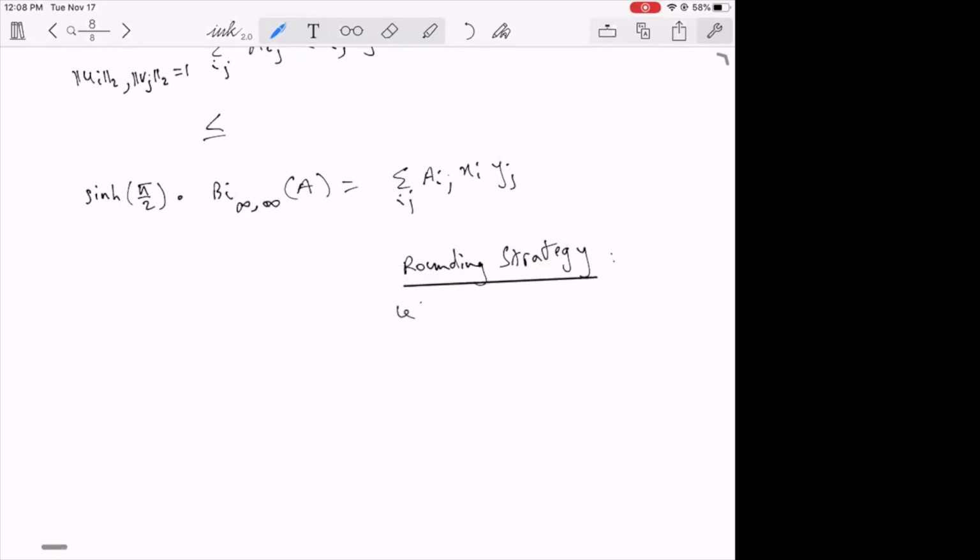Let Z be the matrix whose ijth entry is given by Zij equals ui inner product vj.